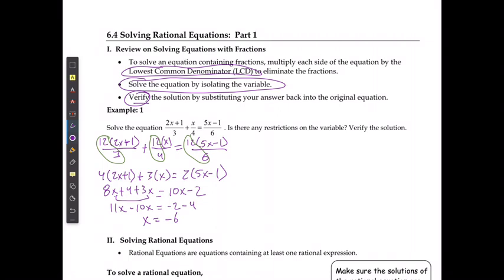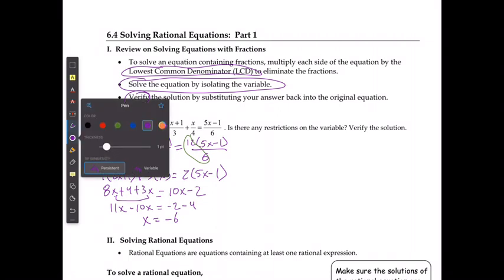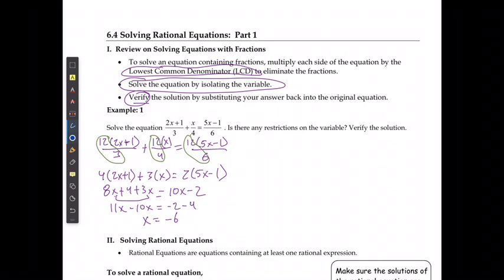So what I'm going to do is I'm going to replace the x with negative 6. I'm going to say (2 times negative 6 plus 1) over 3, plus negative 6 over 4, is equal to (5 times negative 6 minus 1) over 6.